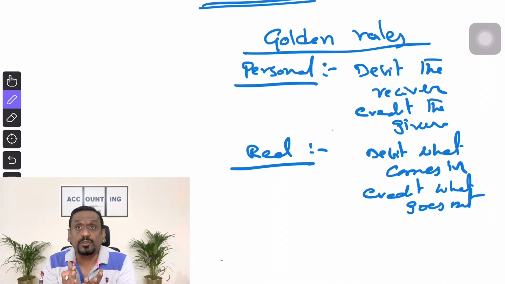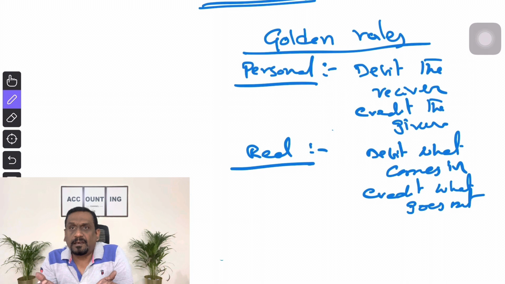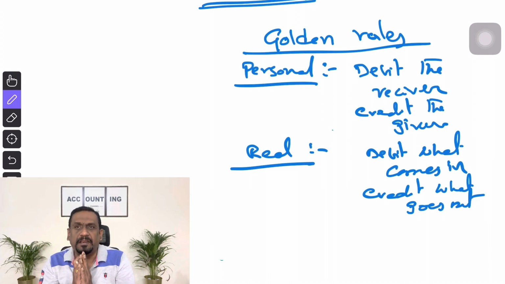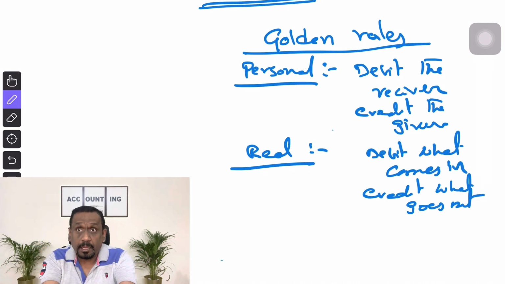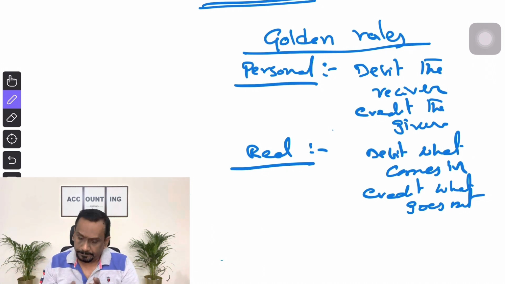Giving aspect is known as what in Latin? Credit. So real account, very easy to remember. Debit what comes in, because I am receiving, I am debiting. Credit what goes out, since I am giving, the aspect is credit aspect. Very simple. Similarly, nominal accounts.